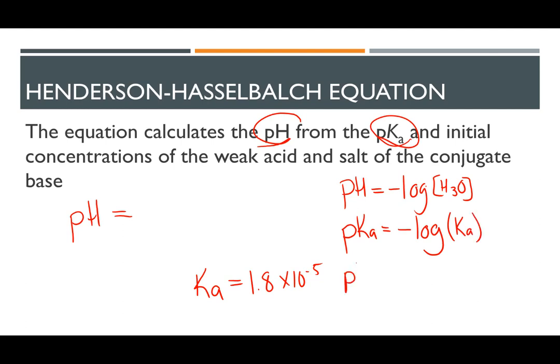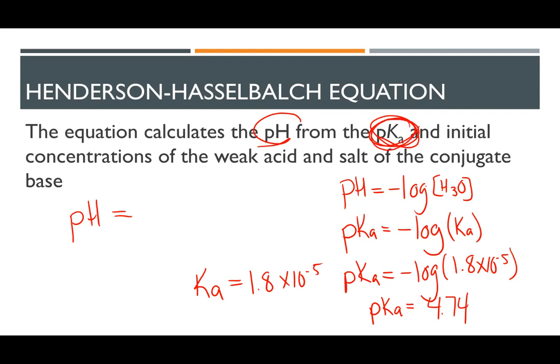So literally, if I want to find the pKa, I'm going to take negative log of 1.8 times 10 to the negative fifth. So pKa is 4.74. pKa is the value that you see in this equation, and this is just teaching you how to get to pKa if it doesn't give it to you, if it only gives you Ka.